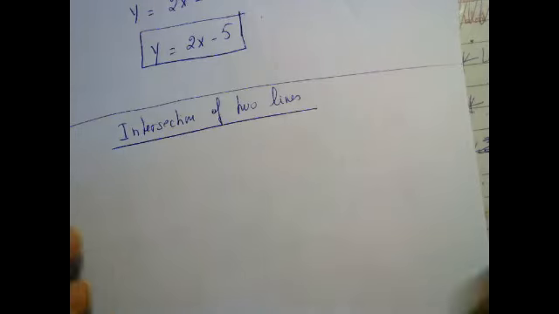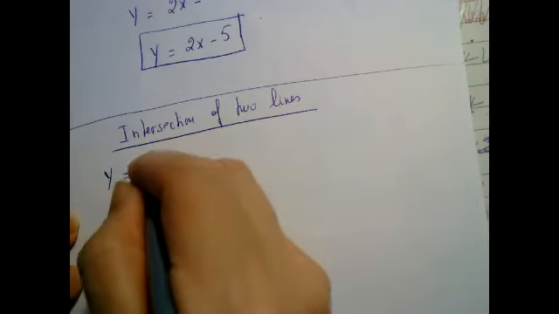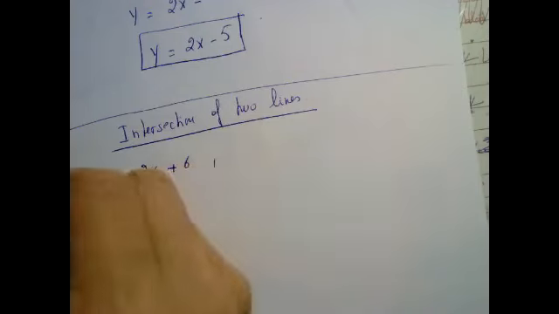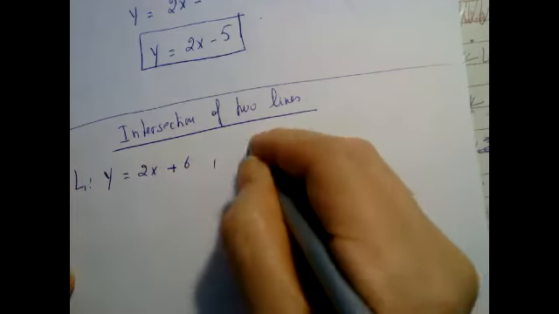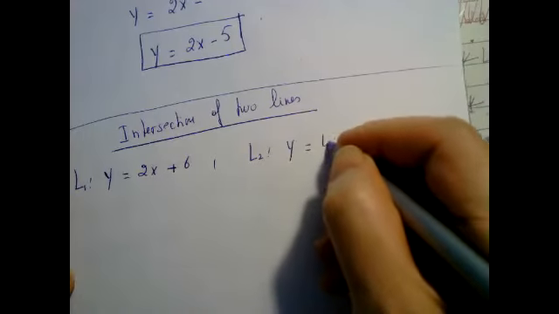So suppose I have two lines. Suppose you have the following line, y equals 2x plus 6. I want to call this L1. And I have the line L2, y equals 4x plus 2.